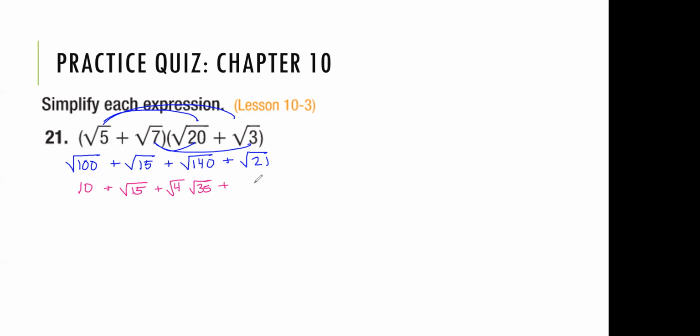And then 21 does not have a perfect square factor. Okay, so we can simplify square root of 4, which is 2. Everything else is going to come down. And we don't have any other like radicals, so we can't add anything. So that is as far as we can go on this problem. Okay.